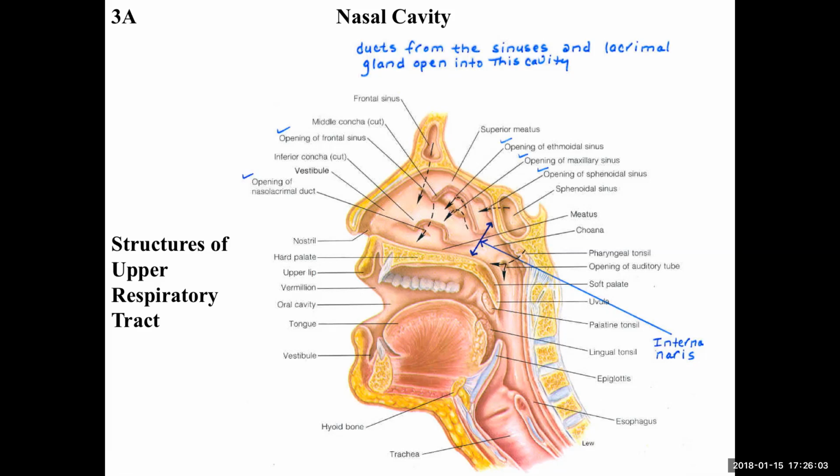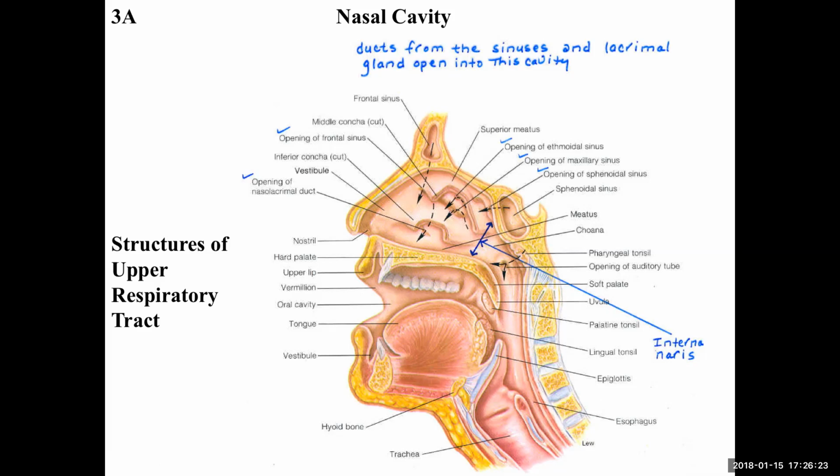It extends from the internal nares to the larynx. So this is the internal nares, and it extends to the larynx. The larynx is right over here. So it's going to be all of this portion in here. This is all the pharynx, 5 inches long, okay? So it extends from the internal nares to the larynx.